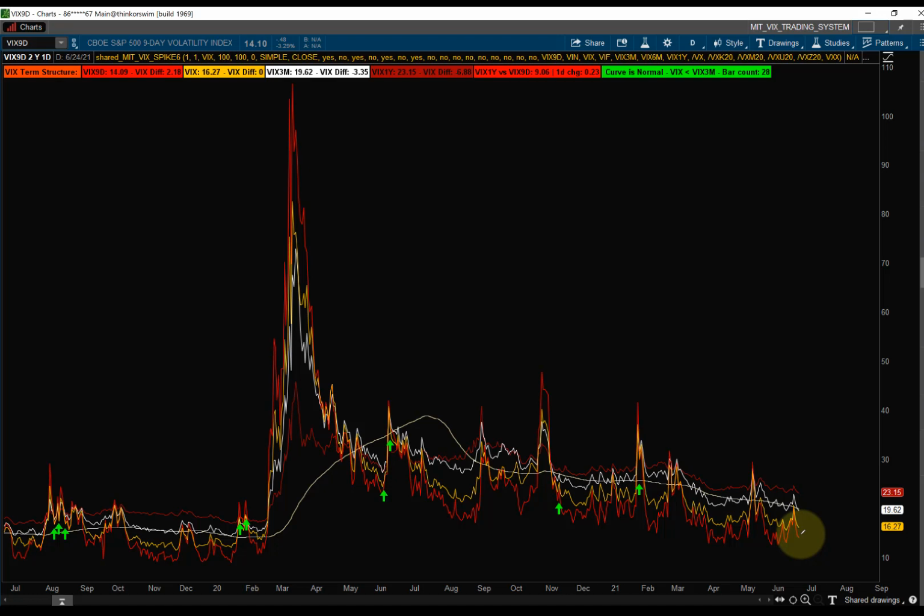When we get a buy signal, that actually means that the VIXs have all settled down and we should get a 100-point rally in the S&P futures. We're not getting a buy signal. I don't think that we're going to get a buy signal, and I personally believe that these VIX indices are going to start pointing higher.